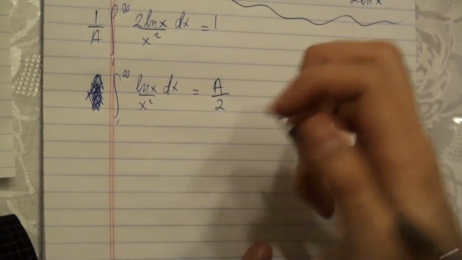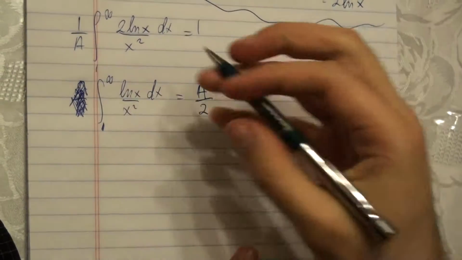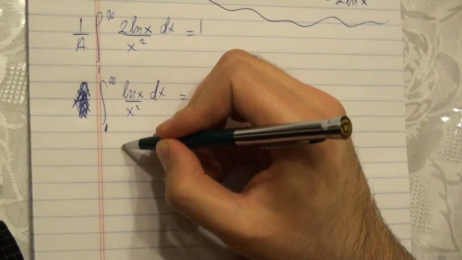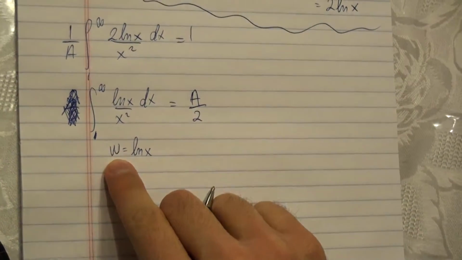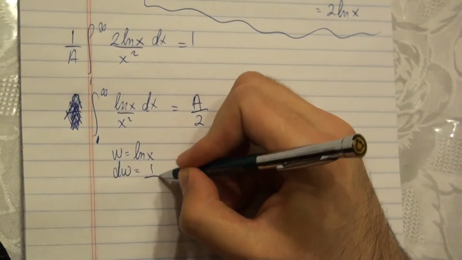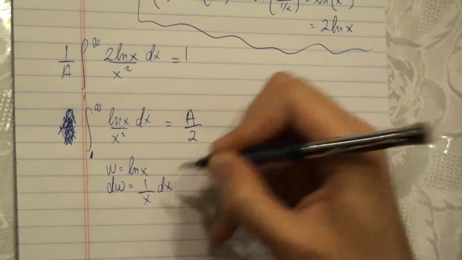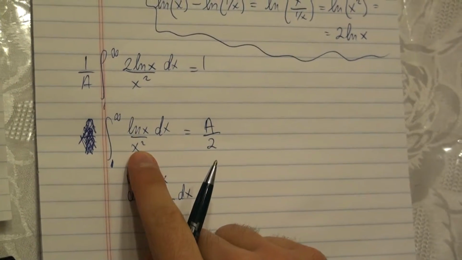To solve this integral, we do a substitution. For this first substitution, I'm going to call ln of x w. dw is just going to be 1 over x dx. As you can see, it takes care of one of the x's in the denominator.